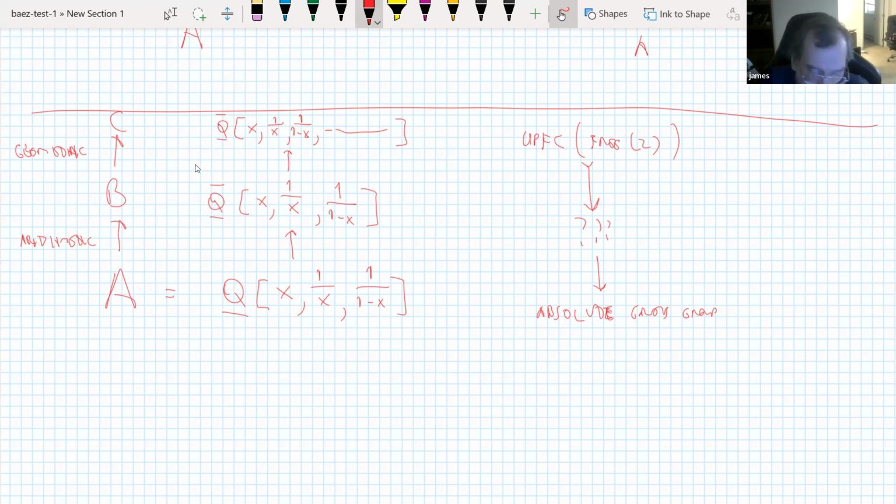We're going from a one object groupoid into the two category of groupoids, but it just so happens that our one object is going to another single object groupoid under this two functor. And so that's what's going on here. So, right.